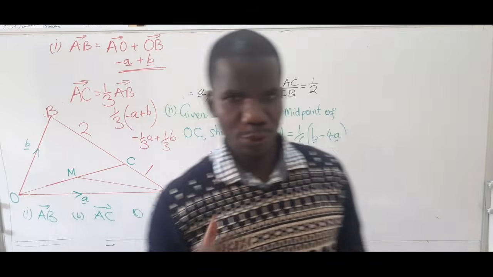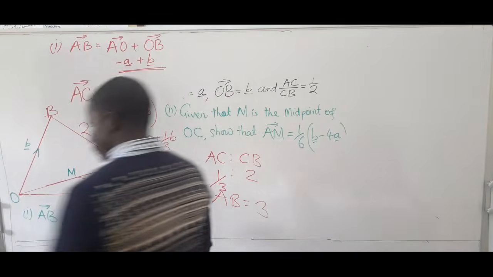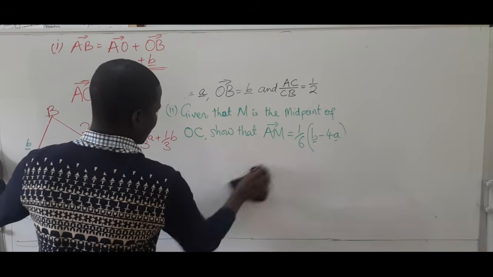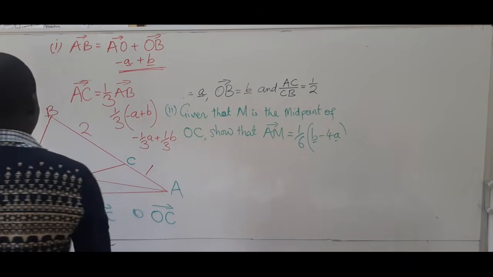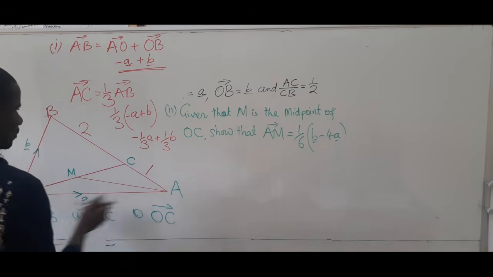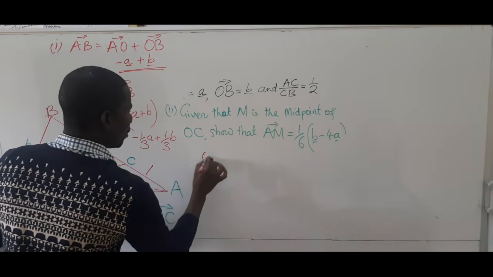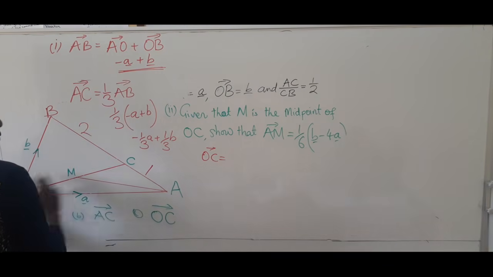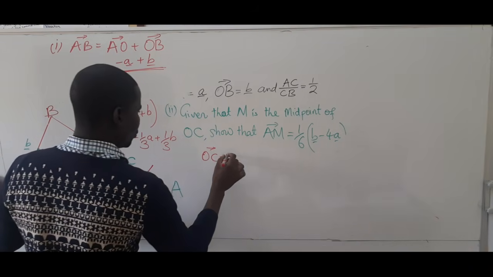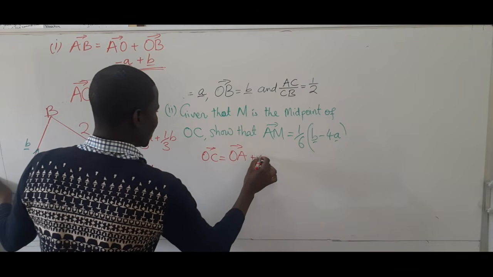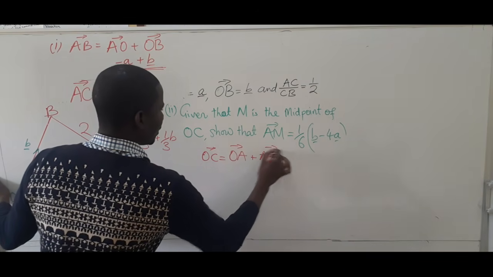We need now to go to C. We need now to come to C here. OC. Okay? So OC is going to be equal to OA plus AC.